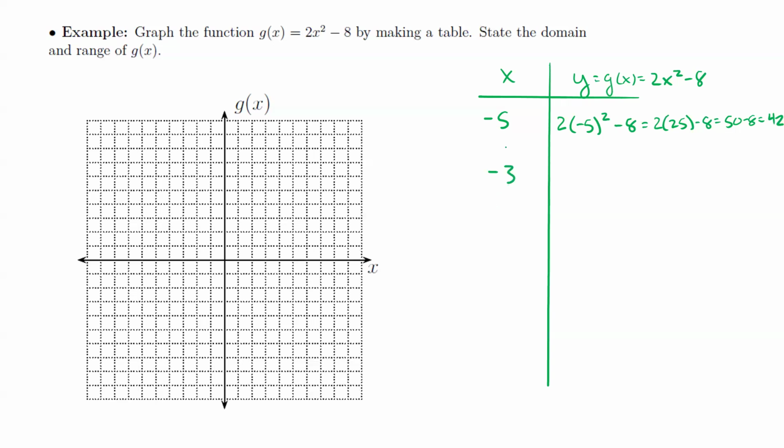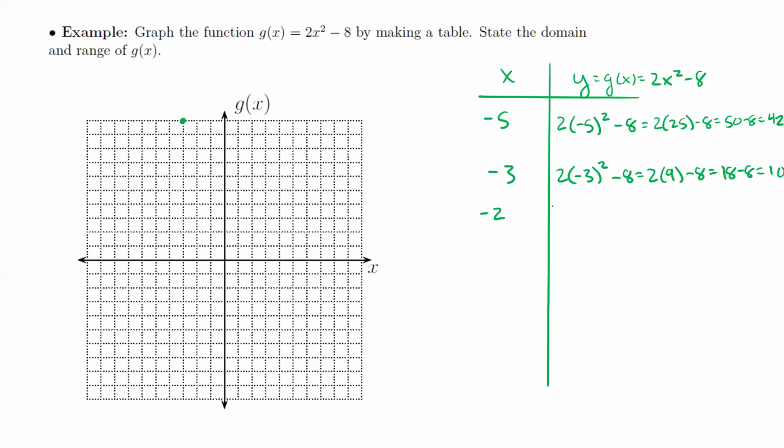So I'm thinking negative 4 squared is 16. So I'm going to skip over that one. Let's see if negative 3 gives me something more manageable. That'd be 2 times 9 minus 8. 18 minus 8. Ooh, 10. Okay, so negative 3 with 10, well, that's manageable because here's 10 right up here. So I can actually see that dot.